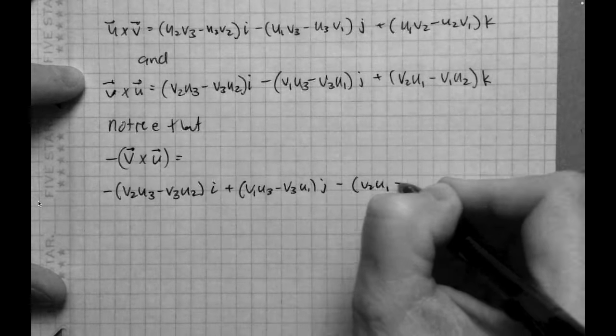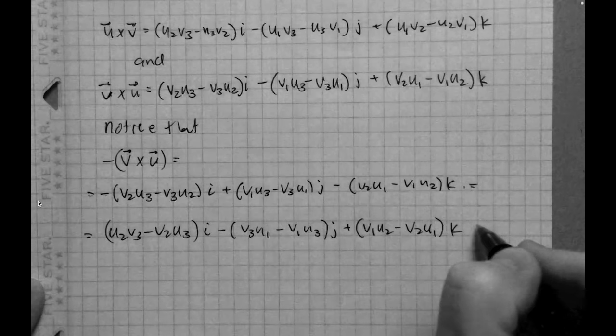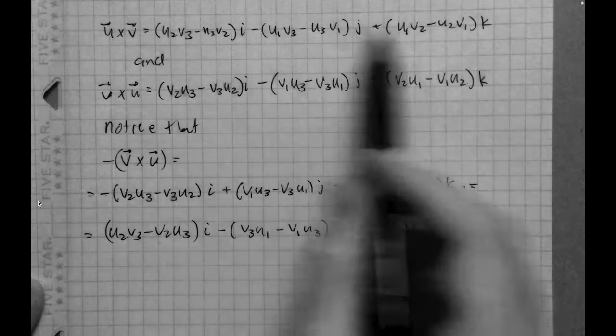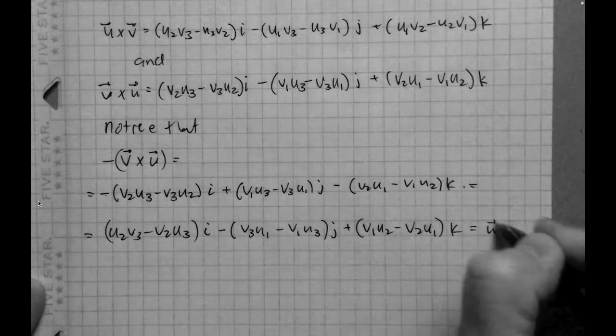Now here, factor out a negative. When I do that, I get v3 u1 minus v1 u3. Make sure you can see that. I'm factoring a negative out of those two terms to put out front here, and you can see how that changes things. And then multiply the negative through here, and I get v1 u2 minus v2 u1 k. Right, and that is clearly the same as this. So that's u cross v.